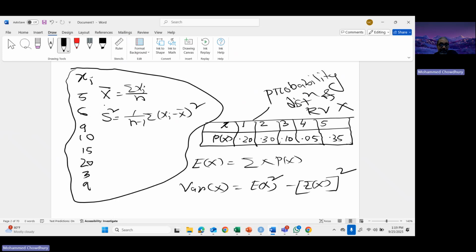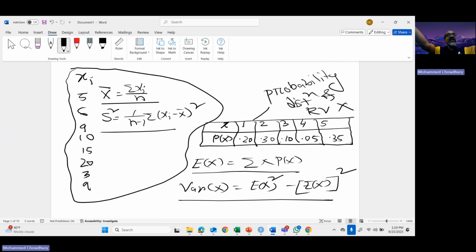So this is a non-parametric mean, this is the parametric mean. This is a non-parametric variance, this is a parametric variance. So why are they not the same? This is just data driven, and this has a structure. What is the definition of parameter? Unknown constant of the population which we need to estimate. This is called the parameter.